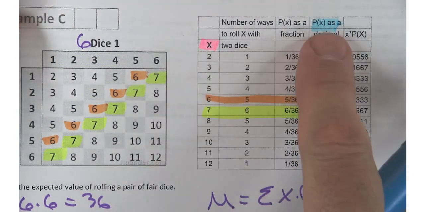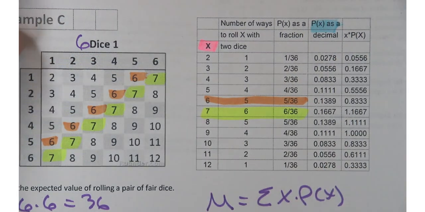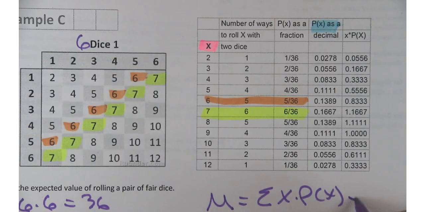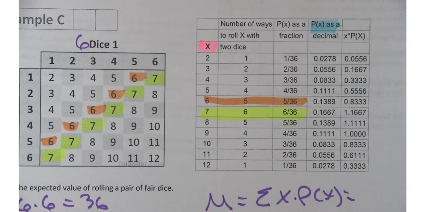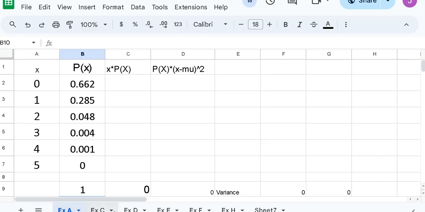This column times this column gives you X times P of X. And the sum of this column right here gives you the mean of that variable. So let's take a look at how to calculate the mean of that variable from a probability distribution. So click over to example C, please.